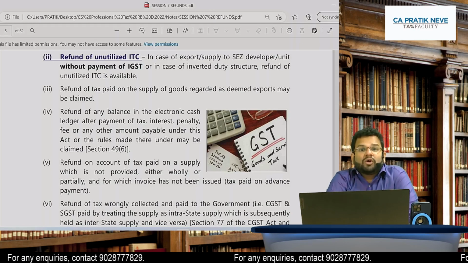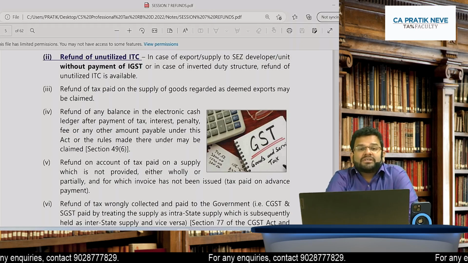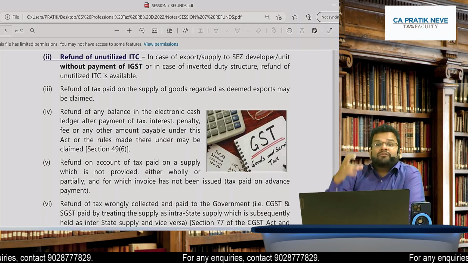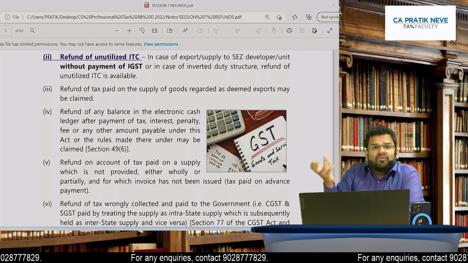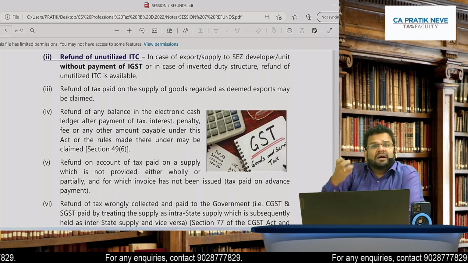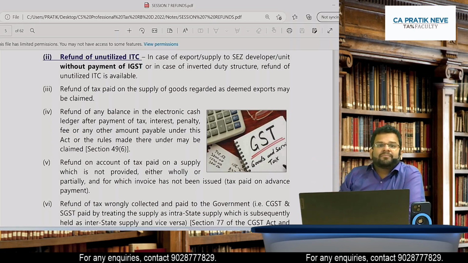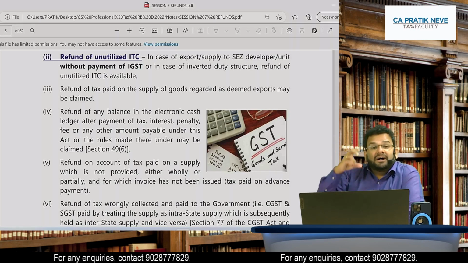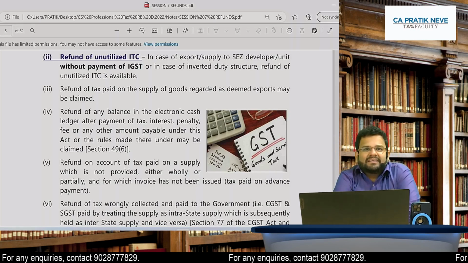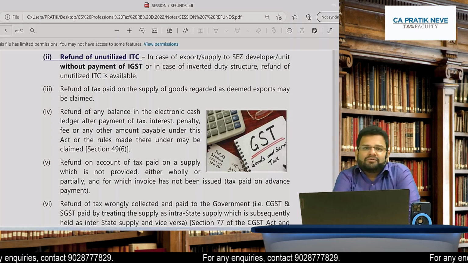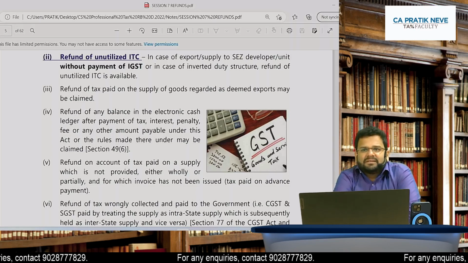Agreed? Now what will happen in inverted duty structure is you will have a greater amount of ITC. ITC will start remaining unutilized. Now what to do with this unutilized ITC? Unutilized ITC you can claim as refund. Is it clear to all of you?